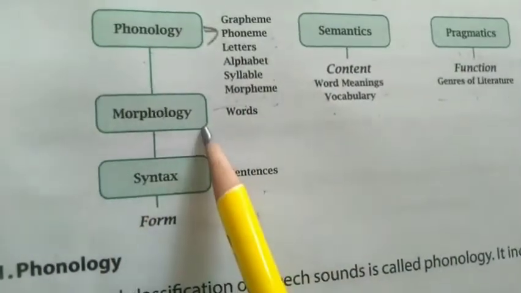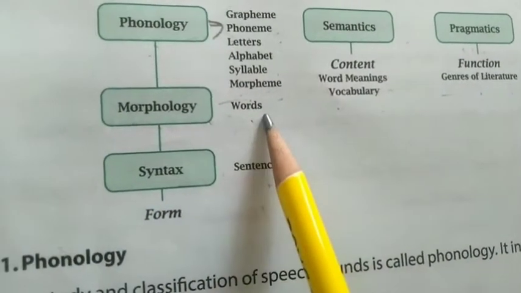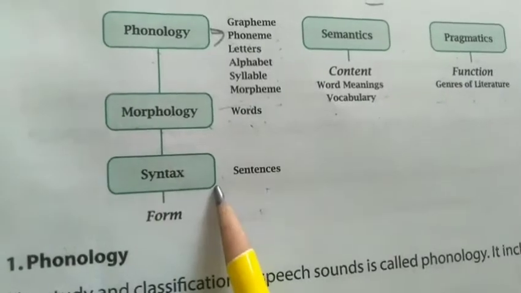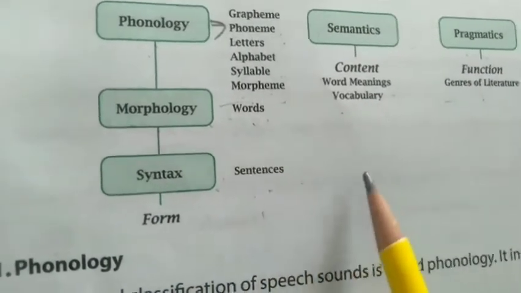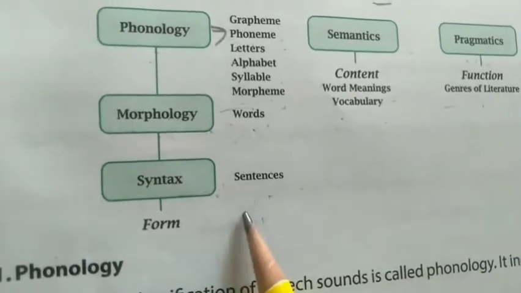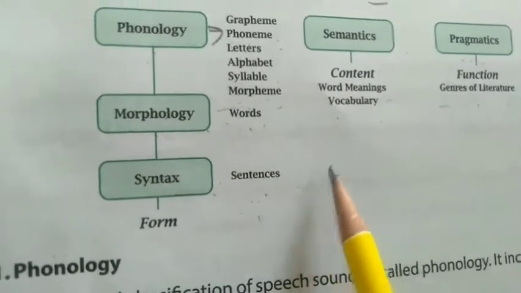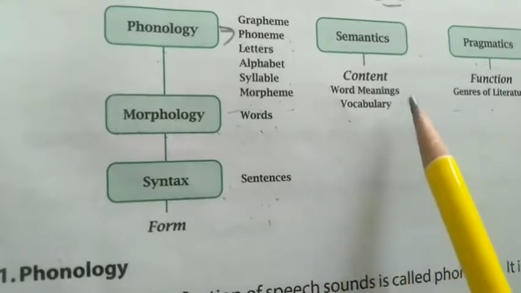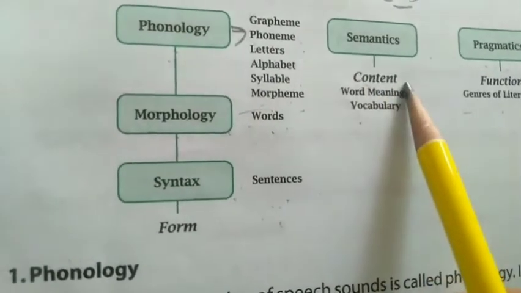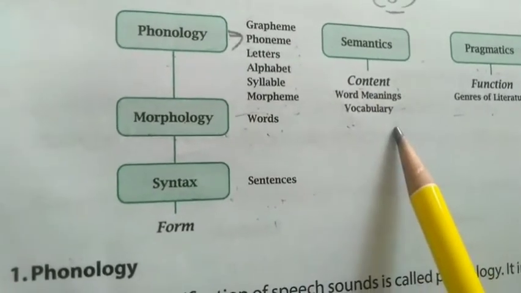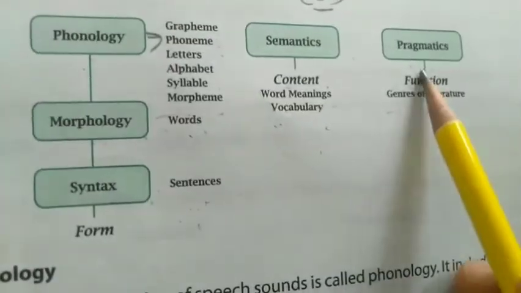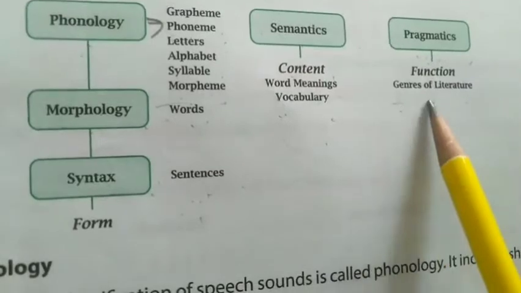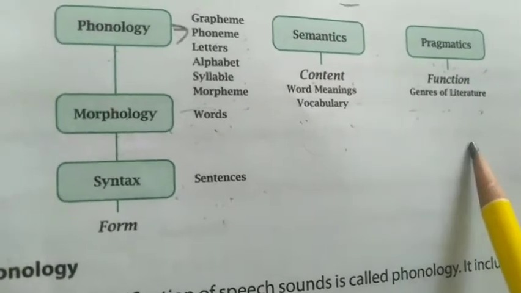Then morphology helps in the formation of words, and syntax helps us in putting the words in a proper order so that we can get a meaningful sentence. And semantics deals with the word meanings in the content which we have written, the vocabulary, so many words we have in English. Then pragmatics, function or genres of literature. It deals with the basic functions.